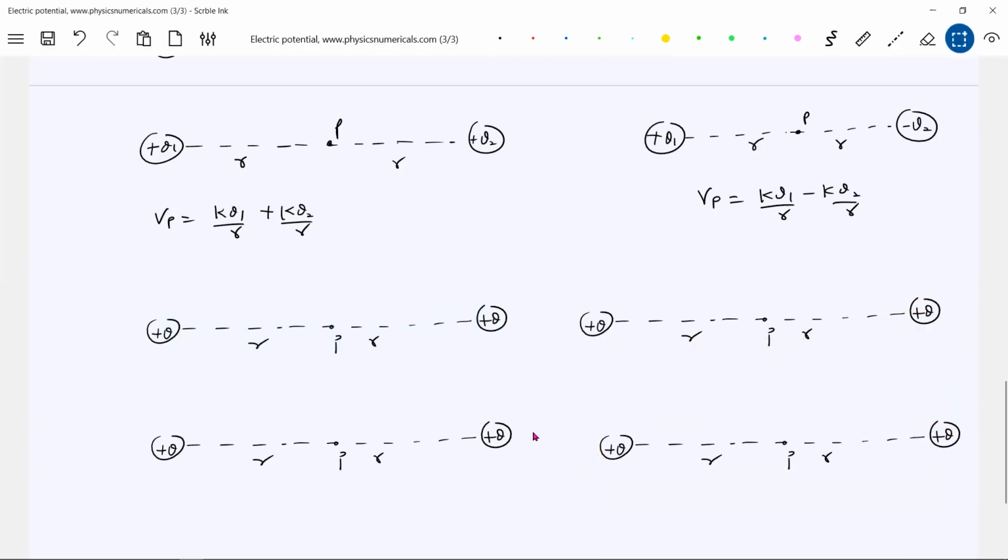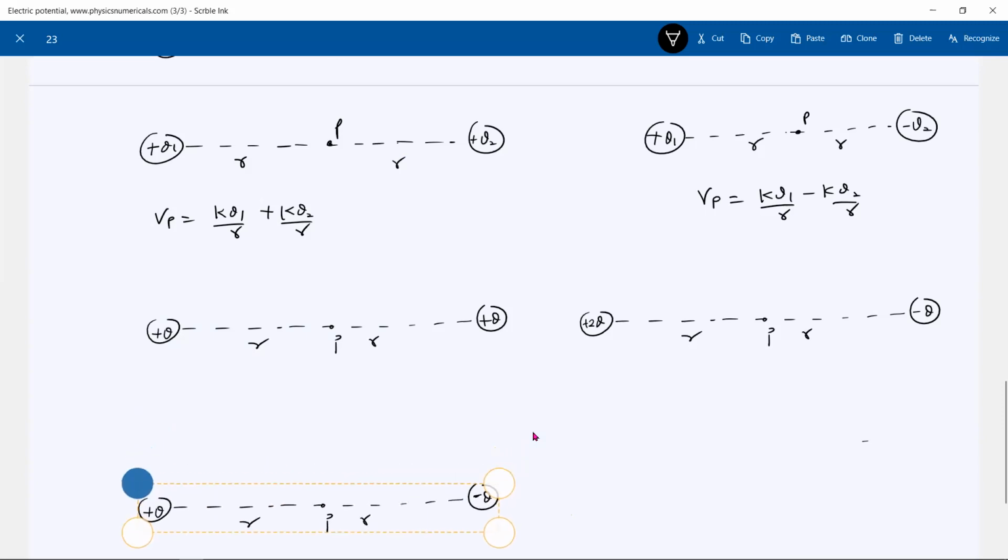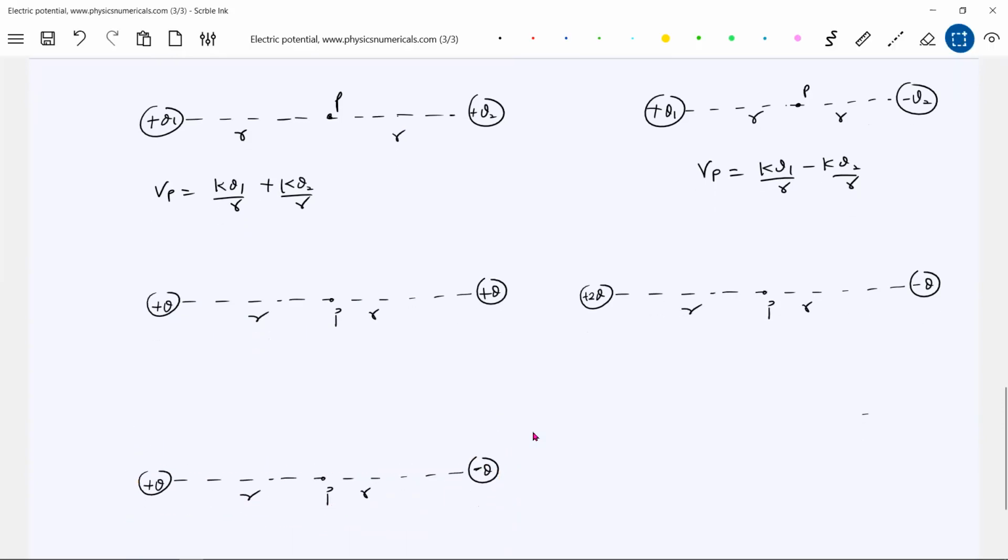Both are positive, one positive and one negative, and the third case. The 3 situations is what I have. Let me analyze the potential in these 3 cases one by one. So first, potential at point P.